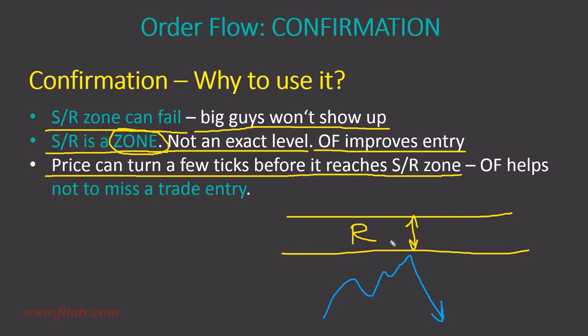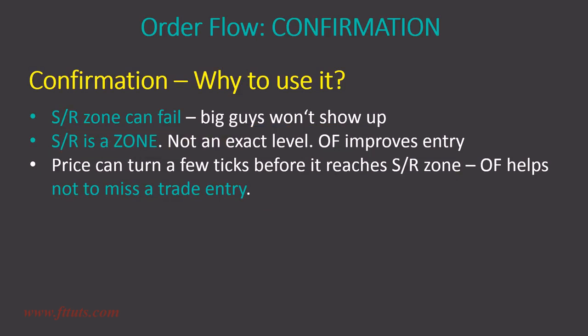But if you are using the order flow, you can use that to your advantage and spot the big players jumping in, turning the price, and this way you have way bigger chance that you won't miss the trade entry. Alright, so those are the three main reasons why to use the order flow as a confirmation.